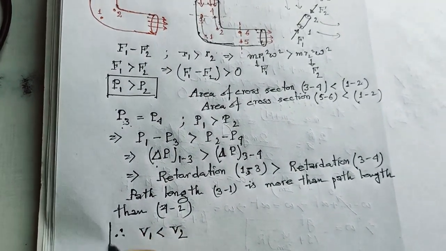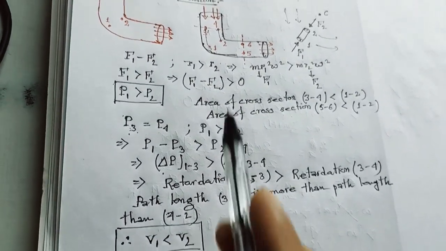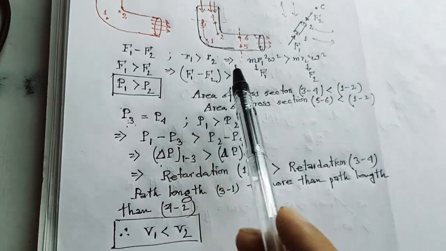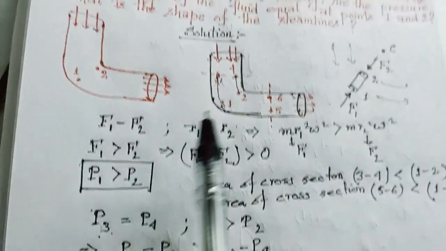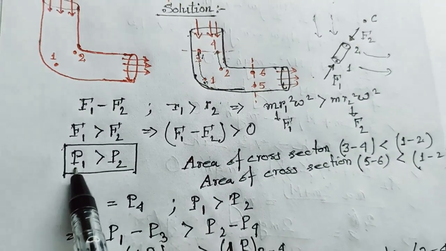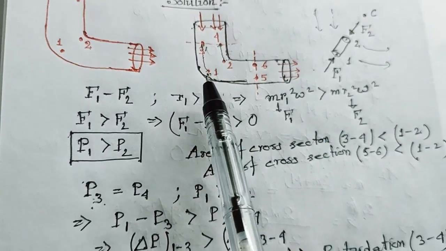So this is our conclusion for the comparison between the velocity at points 1 and 2, and this is our conclusion for the comparison between the pressure at points 1 and 2.